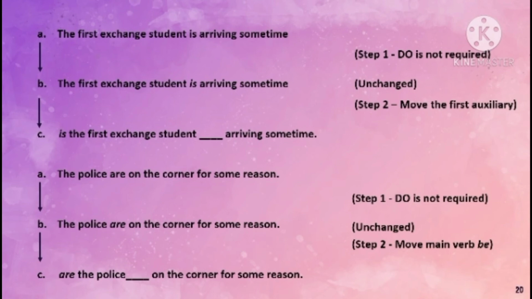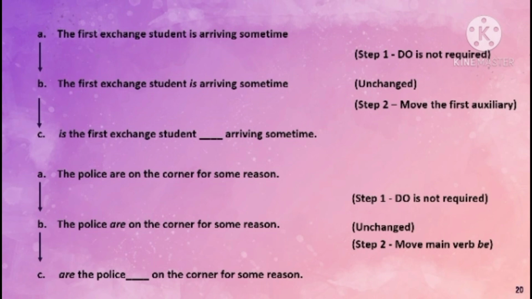The second step is to move the first auxiliary. And we have the question: is the first exchange student arriving sometime? And let's proceed to the fourth example.